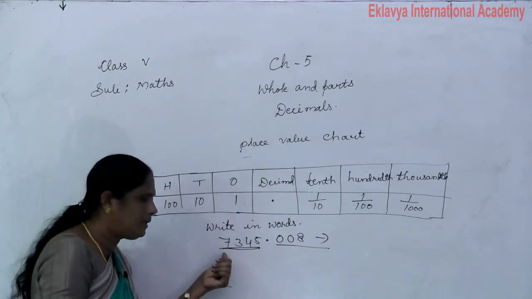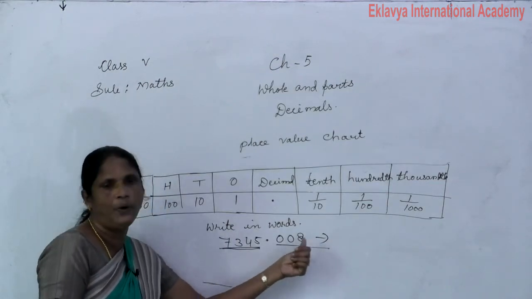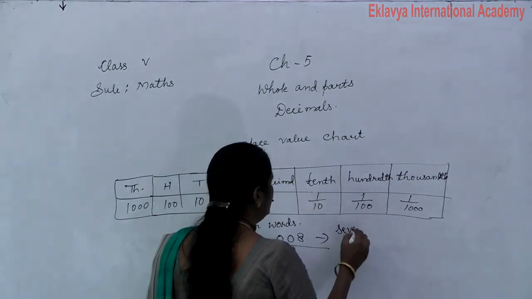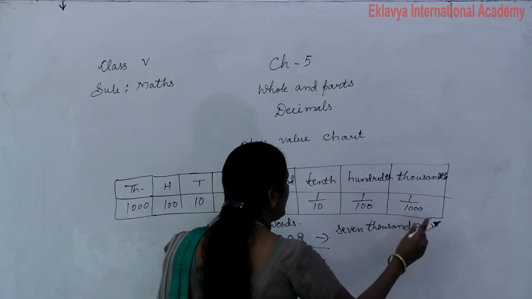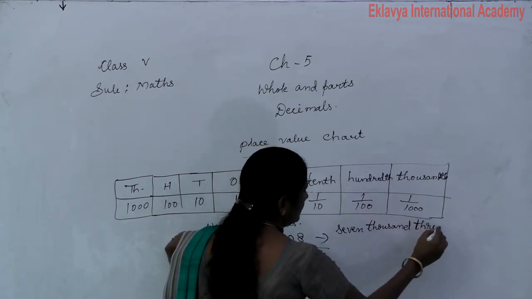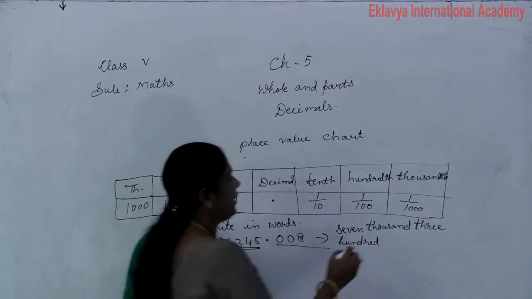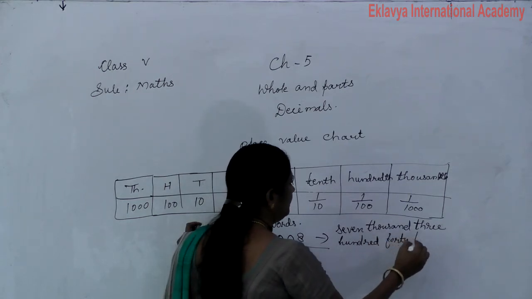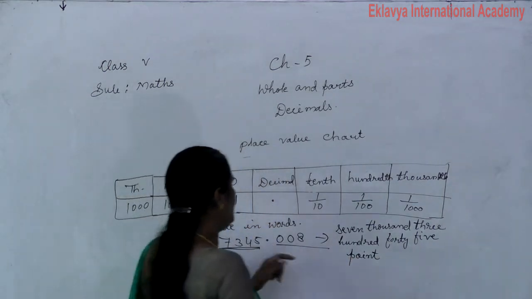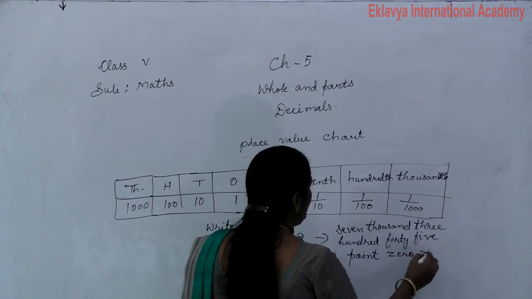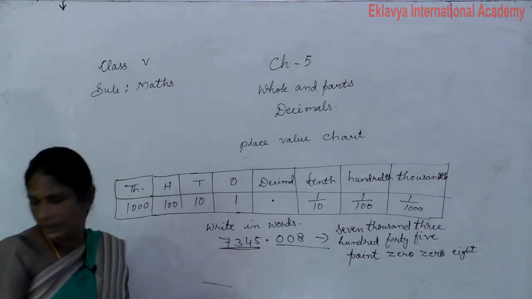First you read 7000, 300, 345, then point, or decimal, you write point or decimal, 0.008. Understand it?